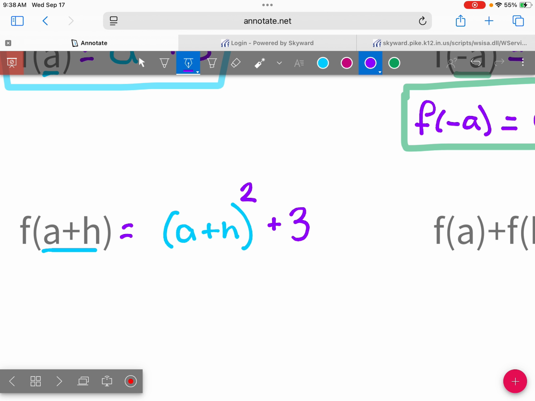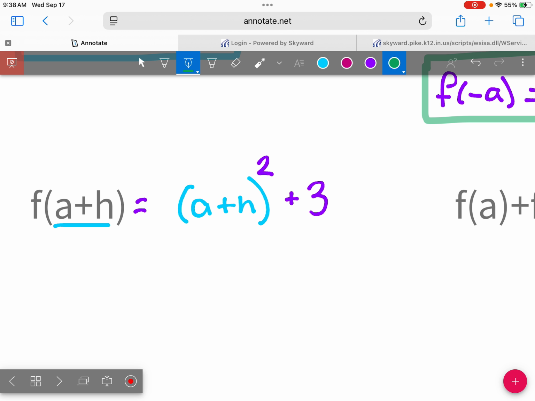Yes, we want to multiply that out. If it helps, write them out as 2 separate parentheses so we do not forget that middle term. I'm not saying you have to, but it'll help for some of us.